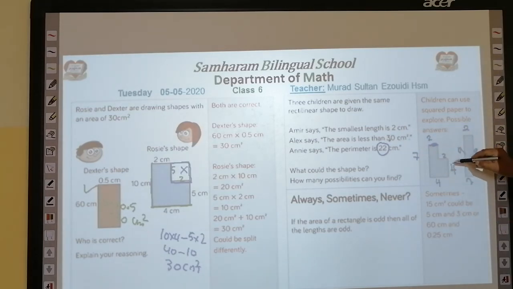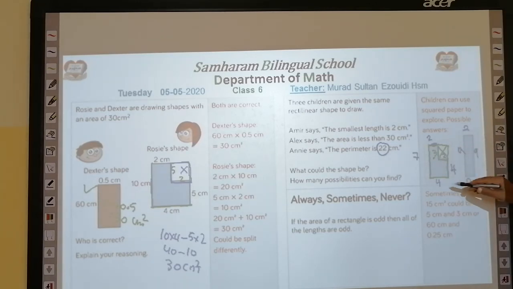We have this. I will consider a whole rectangle. Then I will cut this one. I will never consider it. This is 4. 4 plus 3 gives 7. This is 3.